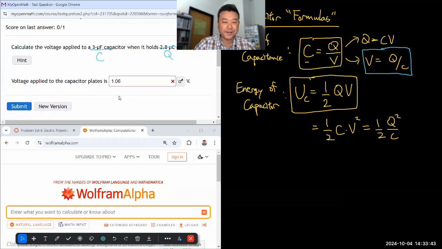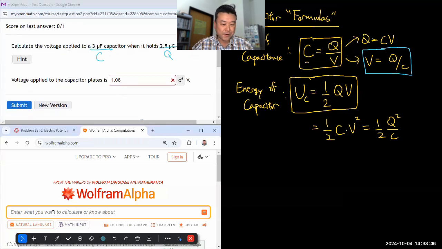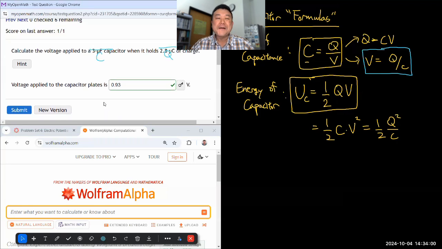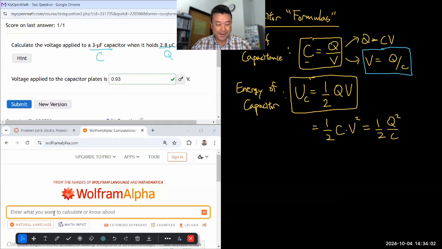Let me just use the calculator. I'm just trying to do a version of mental math that's not working. Oh, actually, now it should be 0.999 maybe. I don't know. So let me do it properly on the calculator.